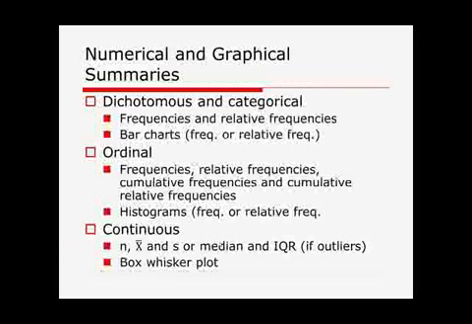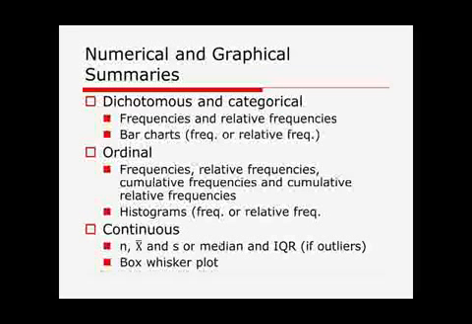Okay, so here's a summary slide that just tries to summarize what I've just said. If you have a dichotomous or categorical variable, the best numerical summary would be frequencies, and preferably relative frequencies, so you build in your sample size. If you want to summarize those variables graphically, bar charts, either frequency or relative frequency, would be the best.